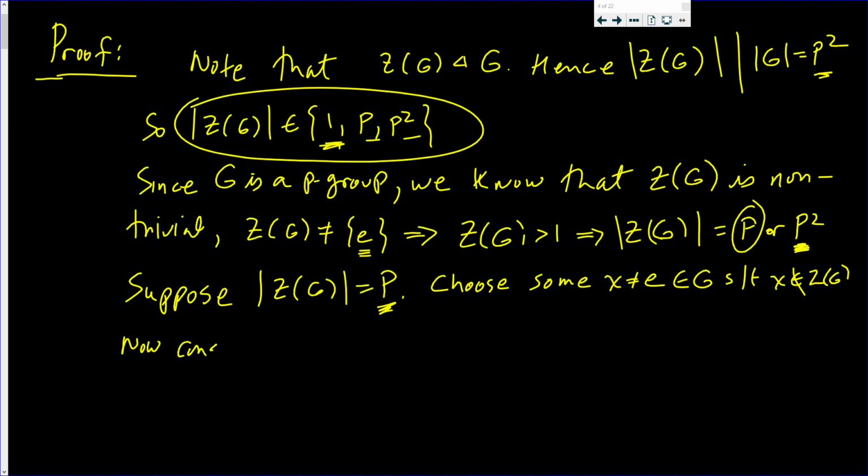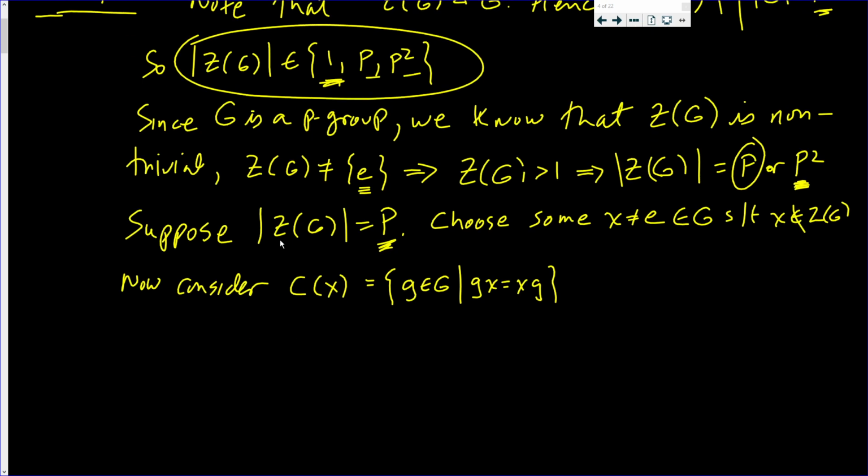Now we consider the centralizer of x, C(x), which is the set of all g in G such that g commutes with x. Only some g's commute with x, maybe all of them.